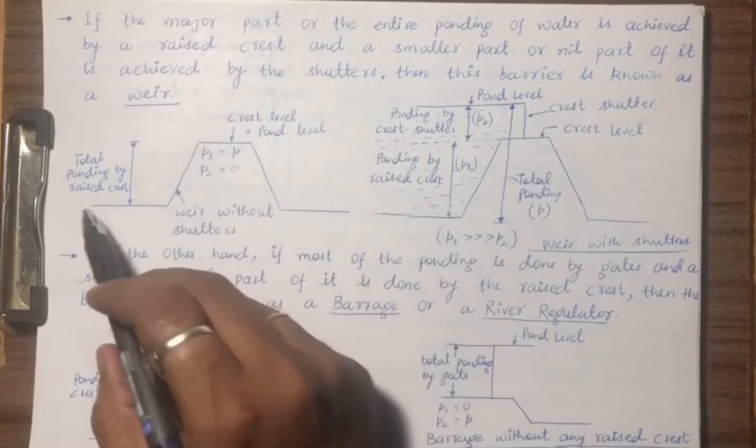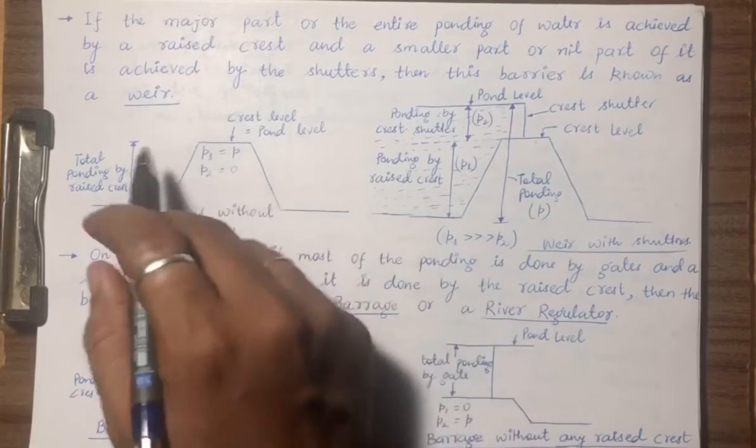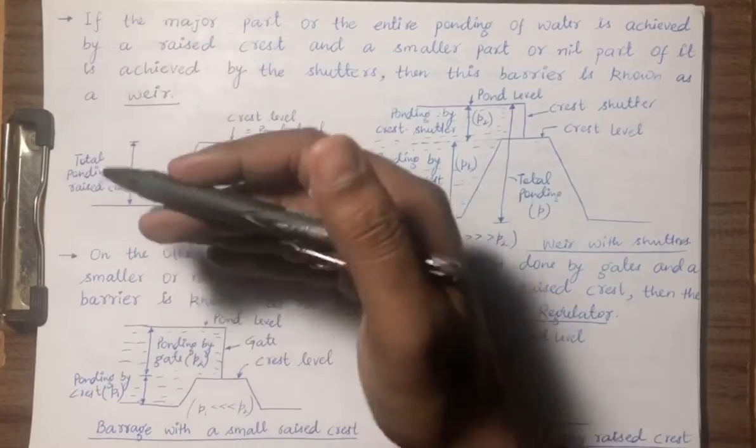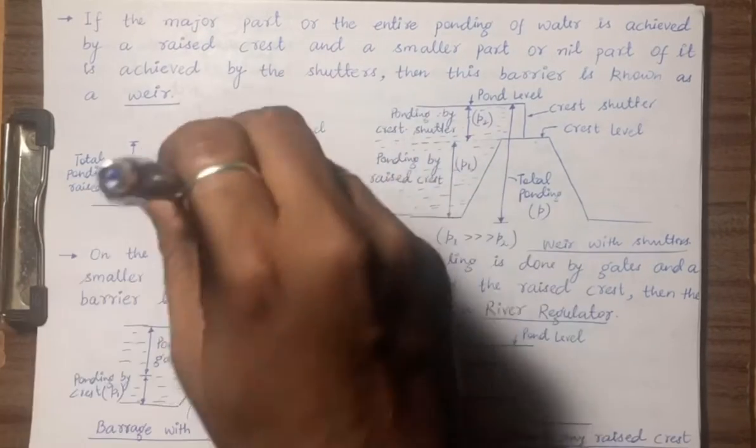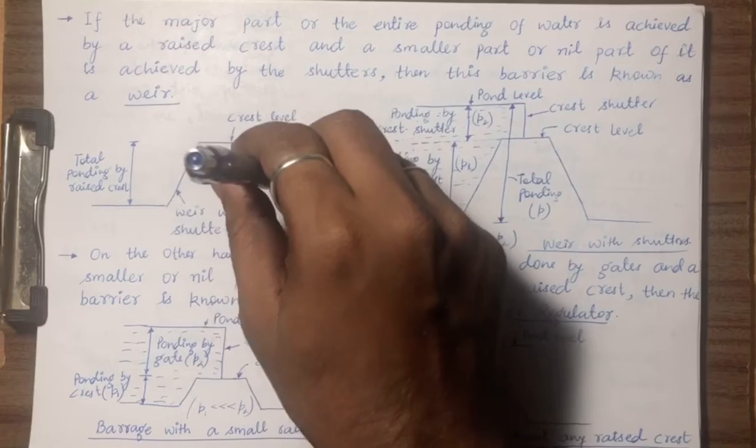So this is the weir. Across the river we have constructed this kind of structure. The river is flowing like this, into the plane of the page.